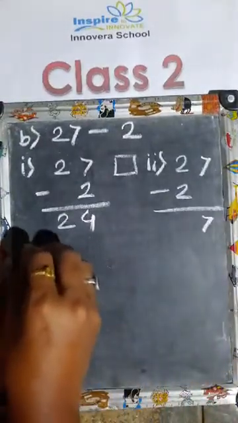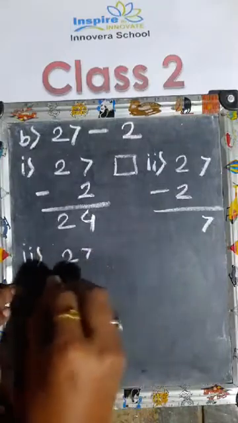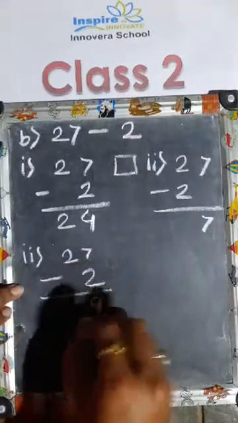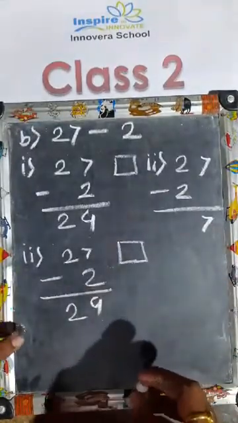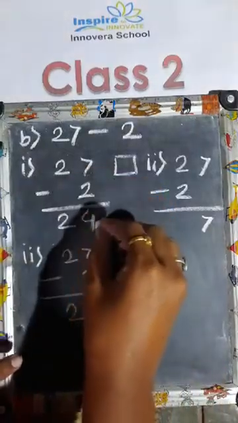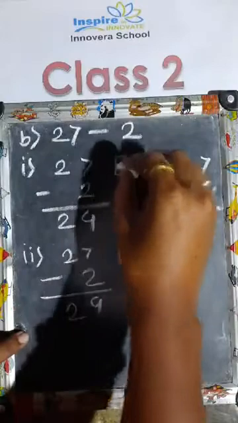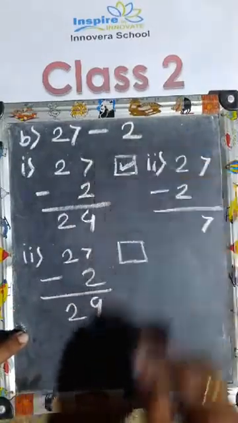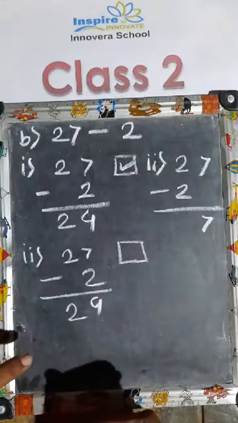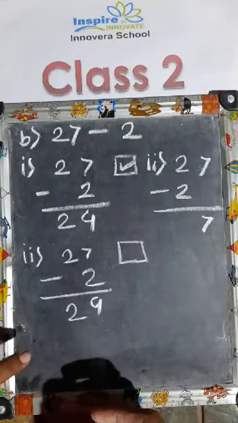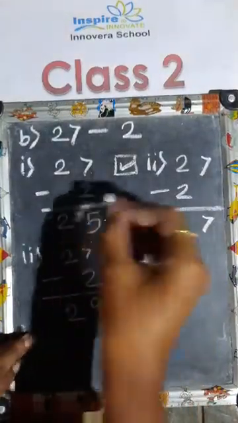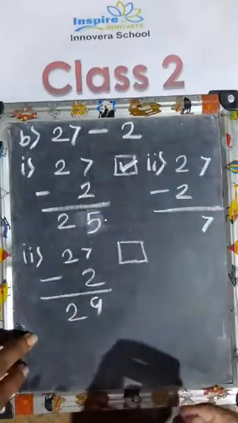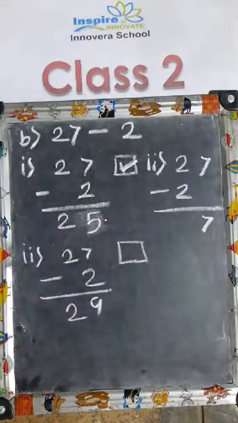Then option 3 is given 27 minus 2 is equal to 29. So among them, which one is correct? We know that 7 minus 2 is equal to 5 and 2 comes as it is. So option 1 is the correct one. Oh, sorry, here it is a 5. Option 1 is correct. Okay. Understood, all of you? Now we will go to the next question.